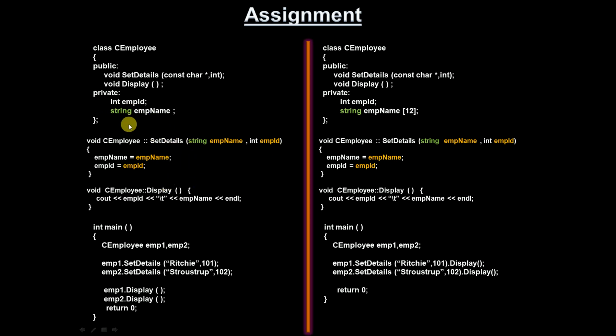It is easy, and there is no need to use strcpy, strlen, or such things. You can directly write empName equals employeeName. Previously we were doing strcpy(empName, employeeName), right? Instead of that you can use the equals operator. Just as you work with normal integer, float, and character, you can work with character arrays also. String is actually a wrapper class built on a character array.